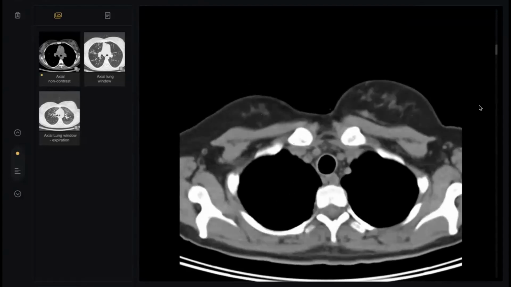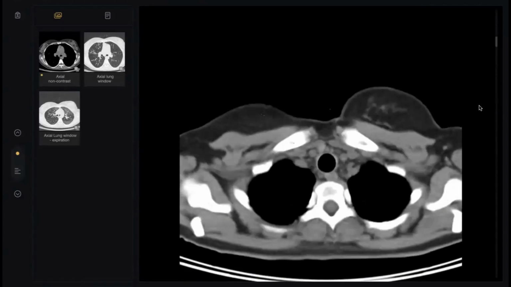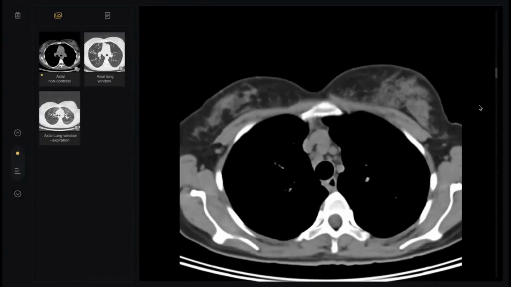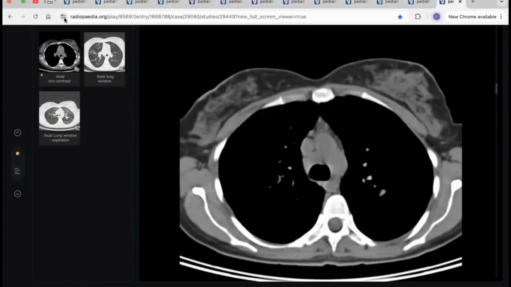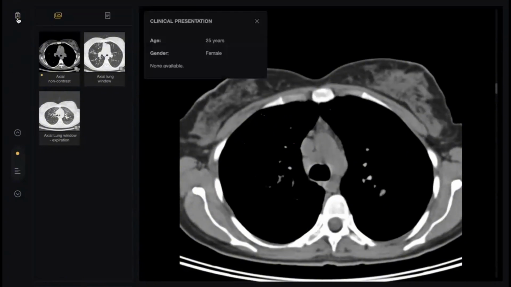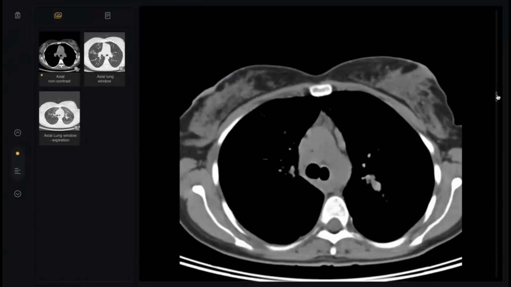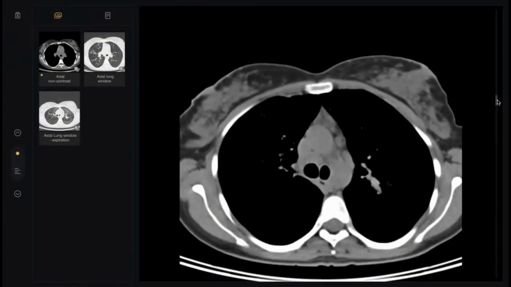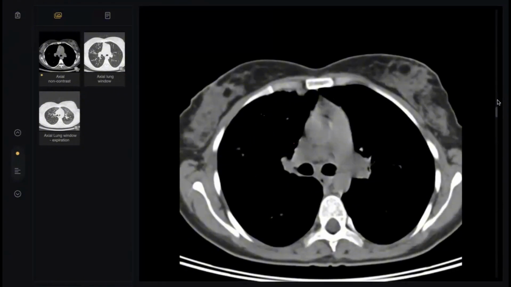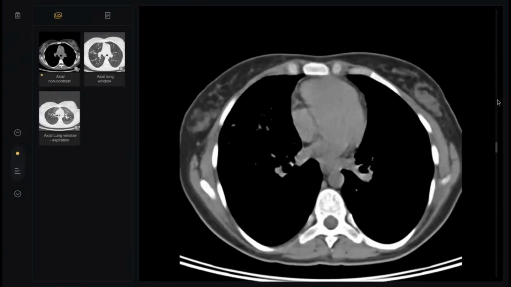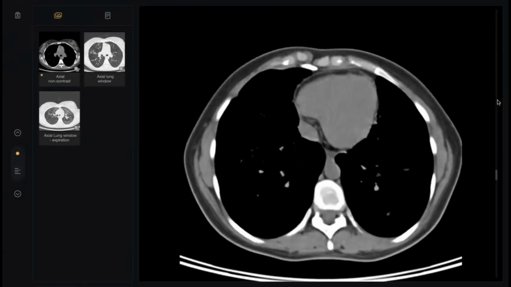So this is CT chest, mediastinal window, axial view. Can you please tell the history? A 25-year-old female with a productive cough. So this is a mediastinal window showing lymphadenopathy in the precarinal and subcarinal regions.